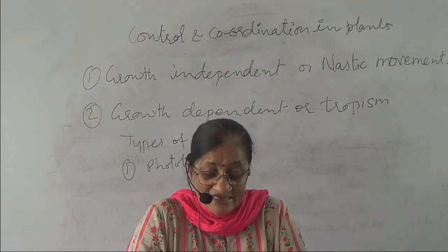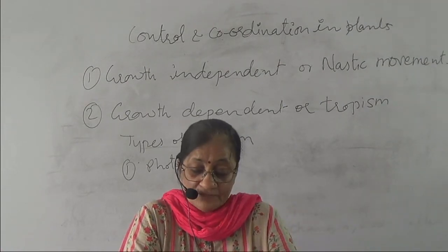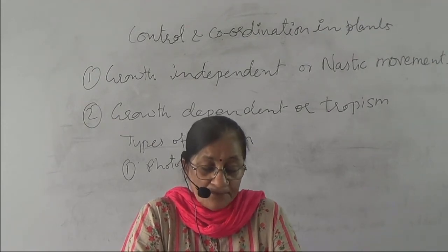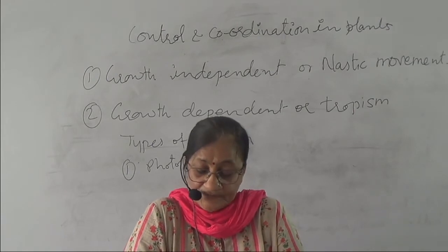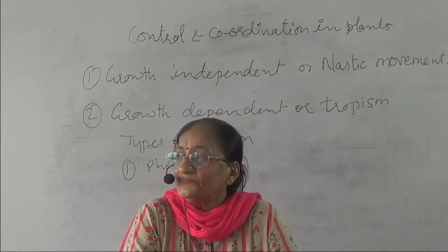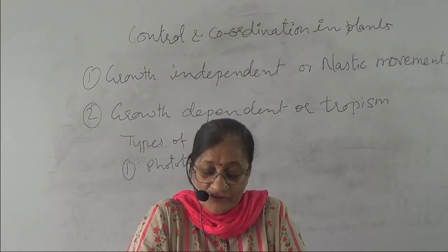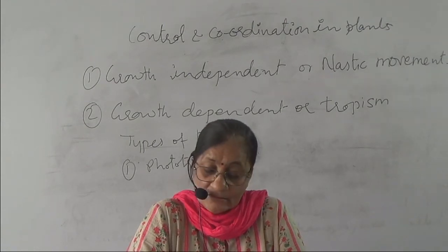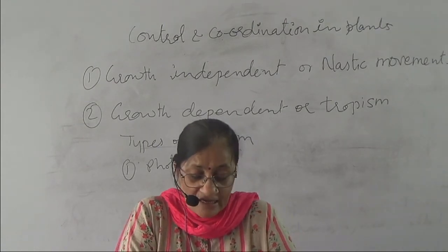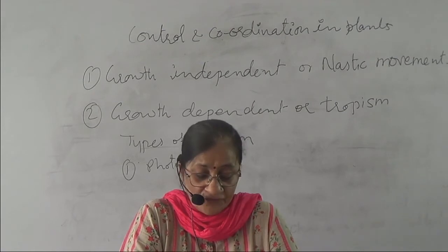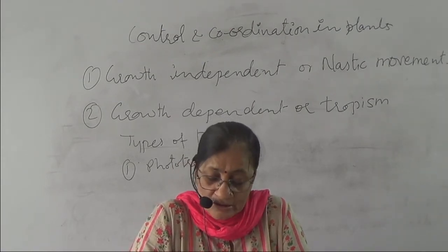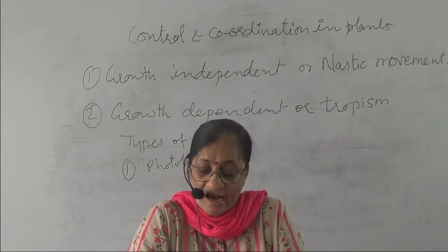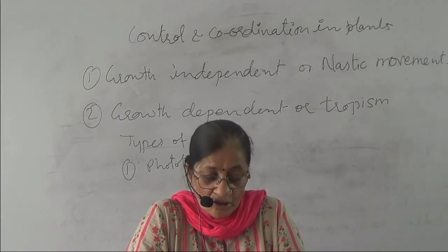This growth movement of the stem is caused by the action of the hormone auxin, which is synthesized at the tip of the stem or the shoot.